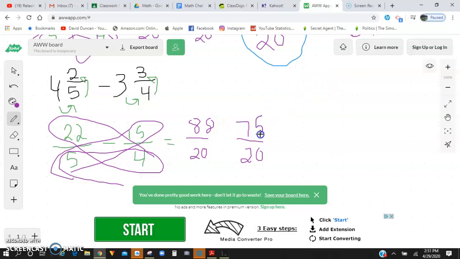I just did that in my head real quick, but if you need to do paper and pencil, please feel free to do that. My denominator is going to be 20. 88, take away 75. That's going to get me 13 over 20.